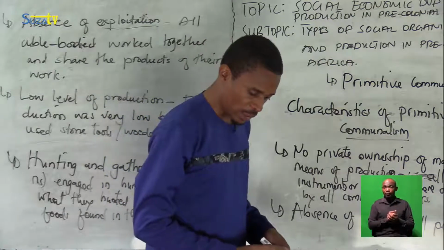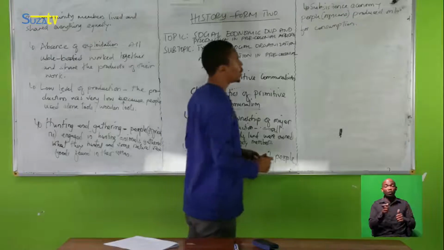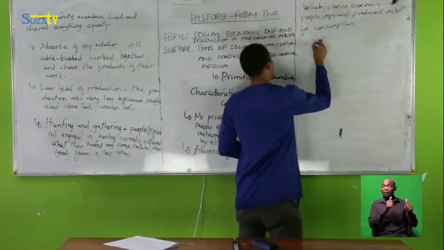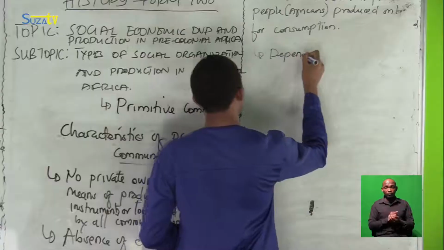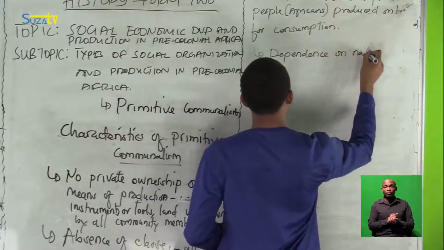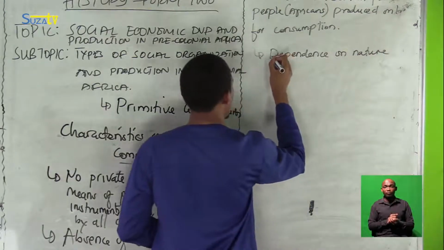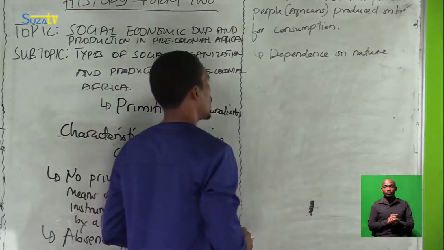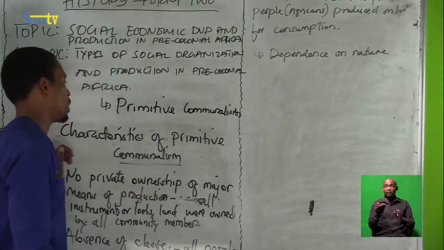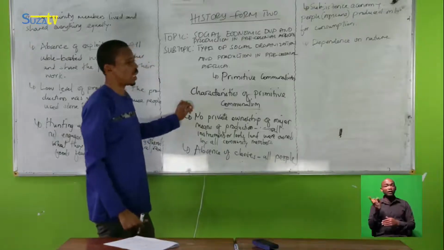Another characteristic is dependence on nature. Africans who lived during this mode of production lived basing on the nature.